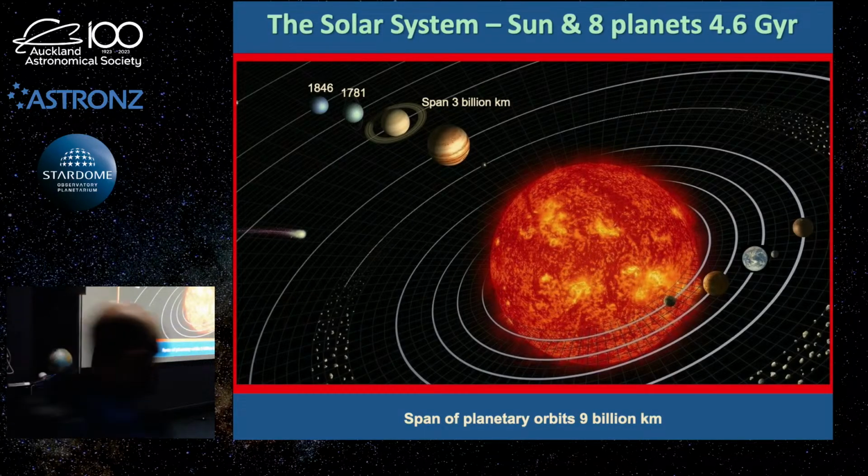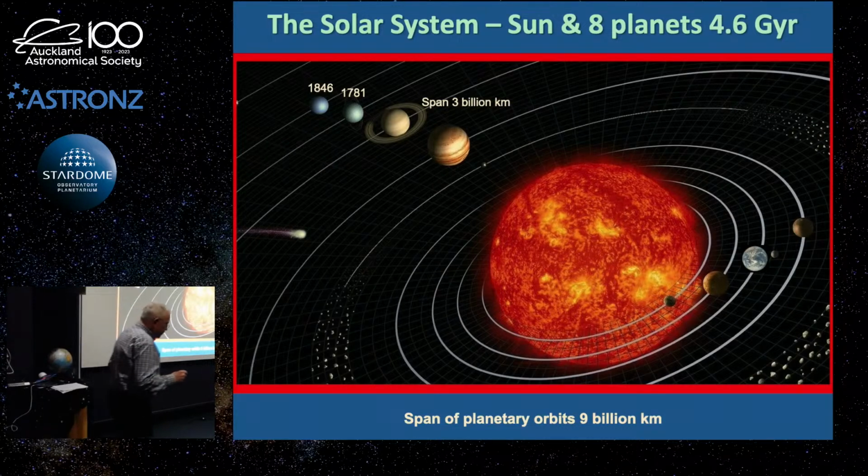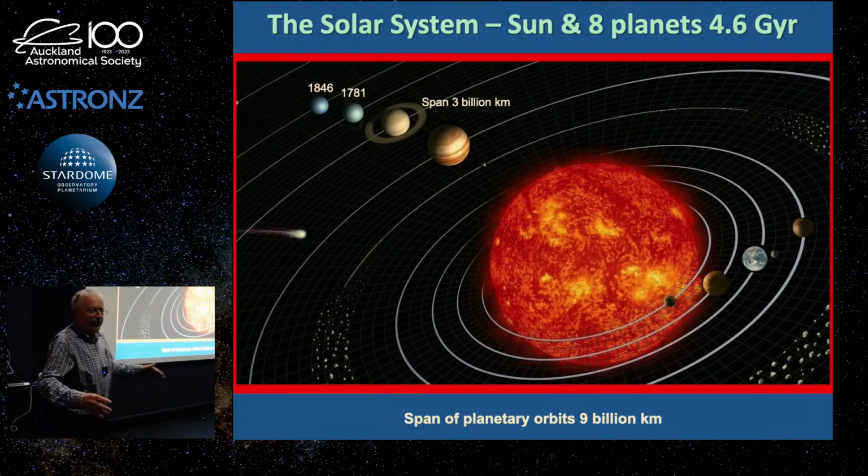There was a French mathematician, Leverrier, and an English mathematician, John Adams. They both independently had worked out roughly where that planet should be. And it was a German astronomer from Berlin, Johann Galle, who pointed his telescope in that general region, and not too far away from where they predicted it, there was Neptune.